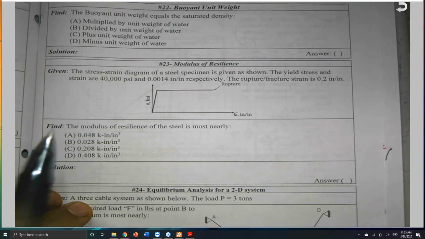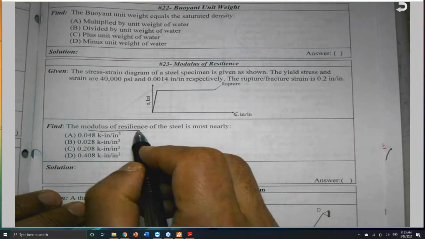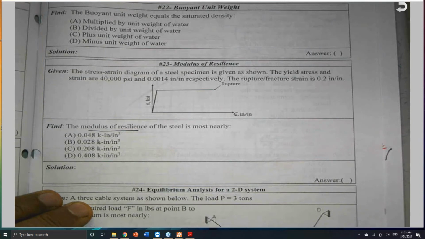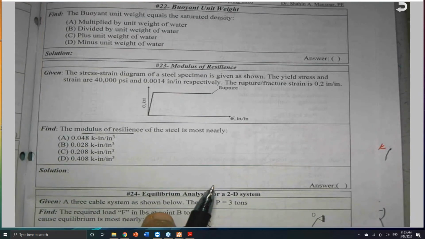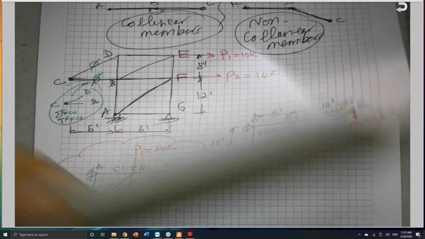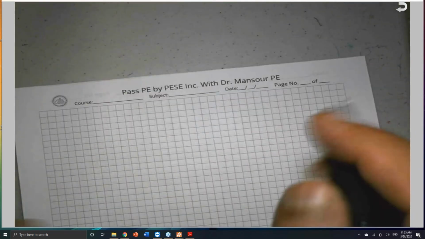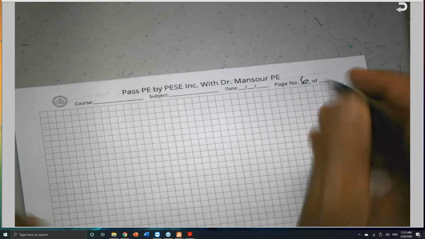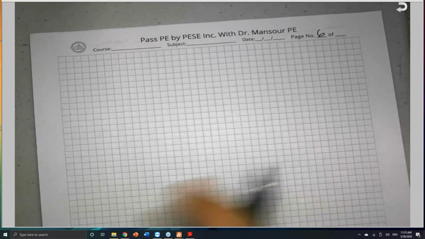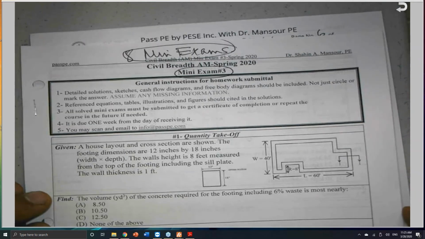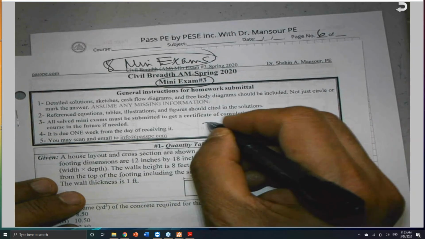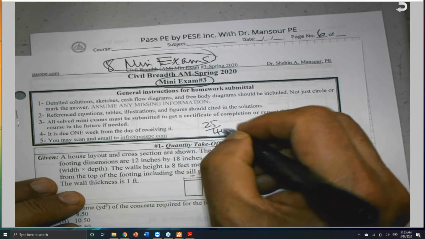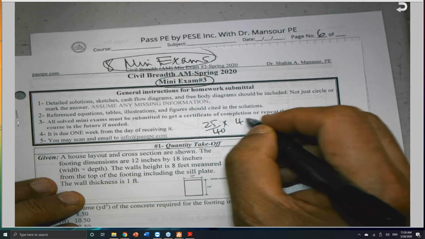They're asking what is the modulus of resilience? Modulus of resilience, okay, we need to be aware of that. Very quick, just a reminder. When you solve it, take it seriously. If there are 25 problems, it is 25 over 40 times 4 hours.